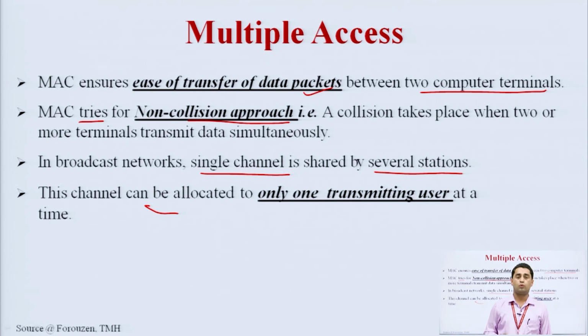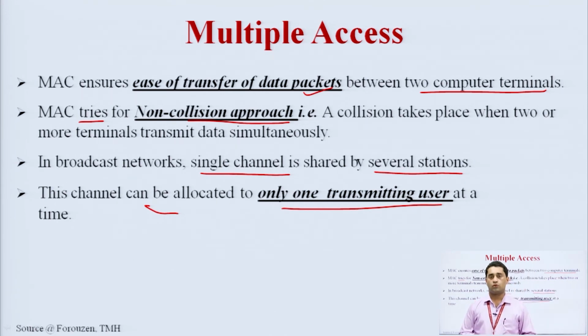Because you are the receivers and I am the sender, and at the receiver end you are receiving only one thing, no multiple packets at the same time. This means we are allotting only a single transmitting channel and you are only single users. So you are receiving the data, what I am saying, clear?